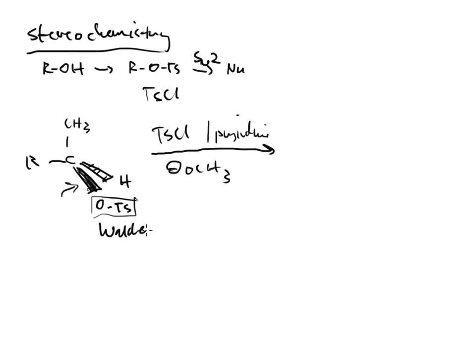So Walden inversion is going to happen here. I flip the stereochemistry. So one flip, and if this is R, it goes to S. If that is S, it goes to R. So now what I need to show is over here on this side, I'll kind of keep everything the same, just so you can see that.